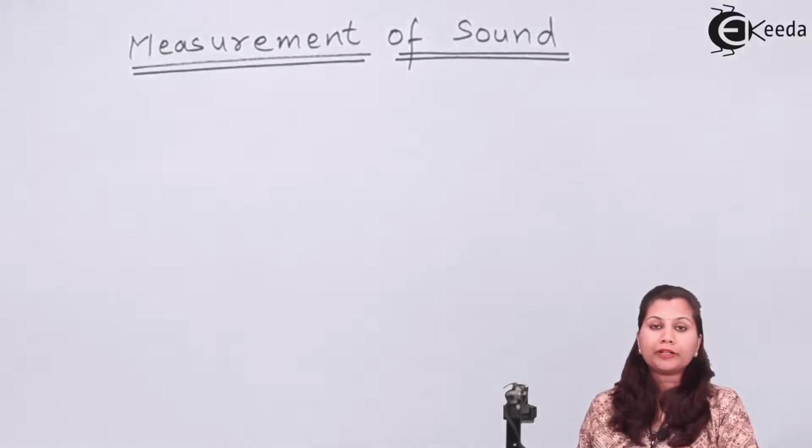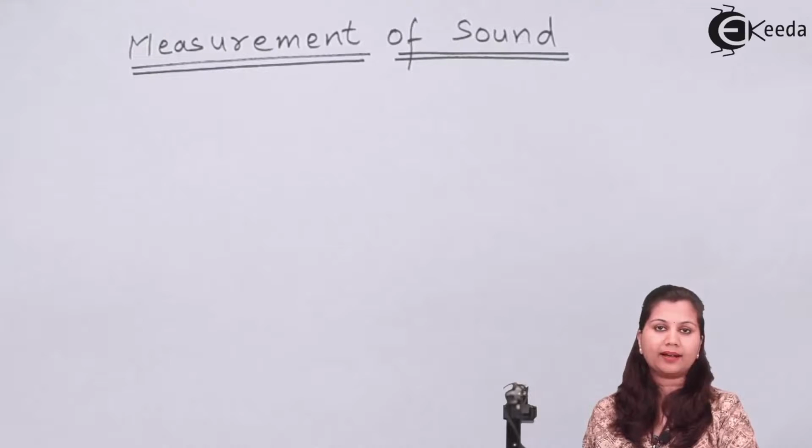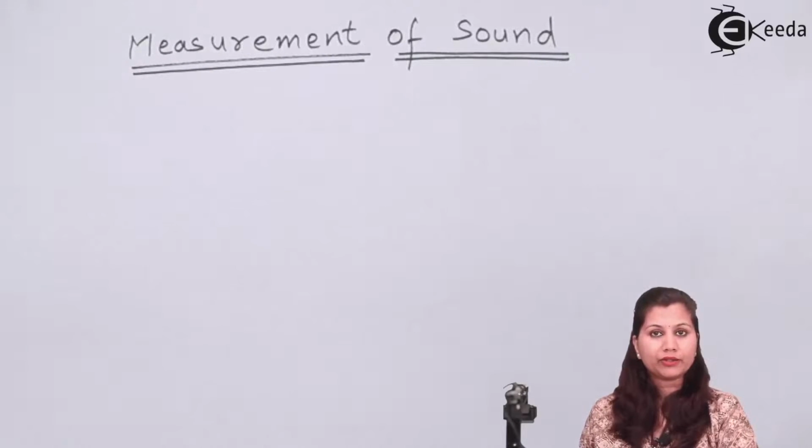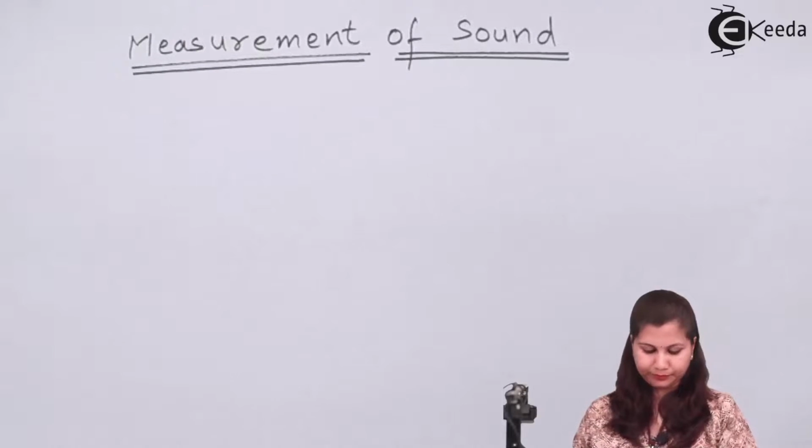So for the measurement of sound, or we can say sound waves are a type of acoustic waves having acoustic energy. So sound waves are measured with the help of an instrument or device known as microphone.